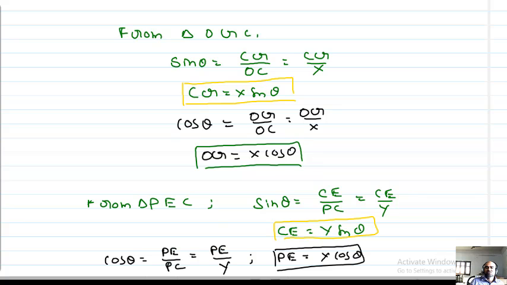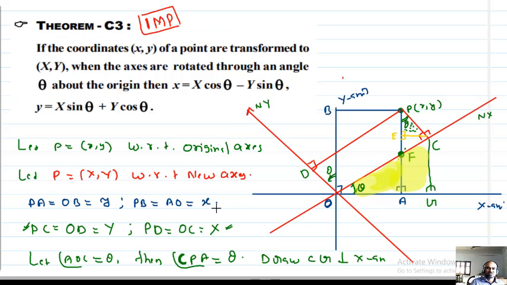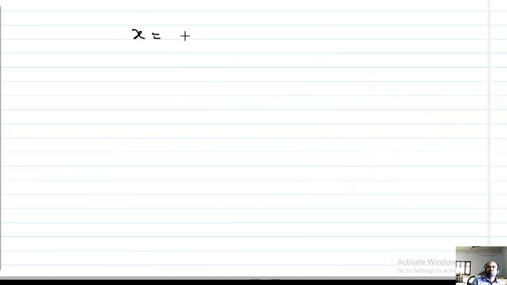Okay, students. Next page I will write what is small x here. Small x means PB, or that is OA. PB equals OA.